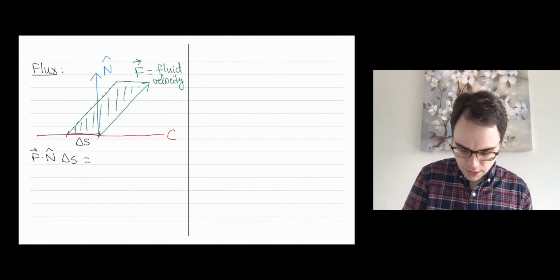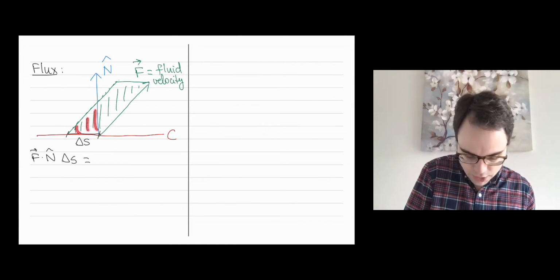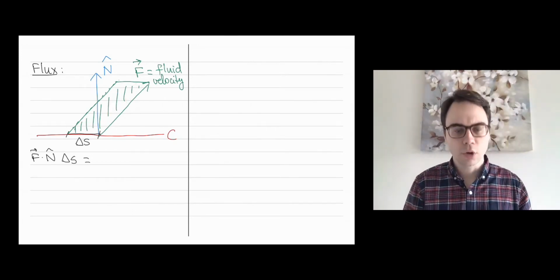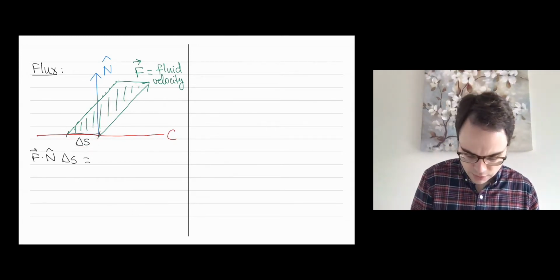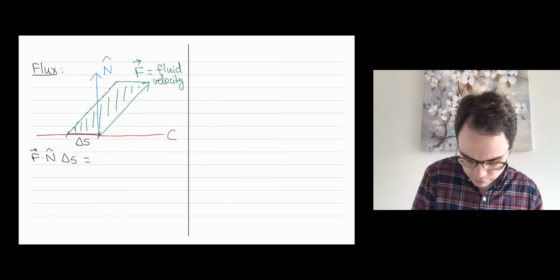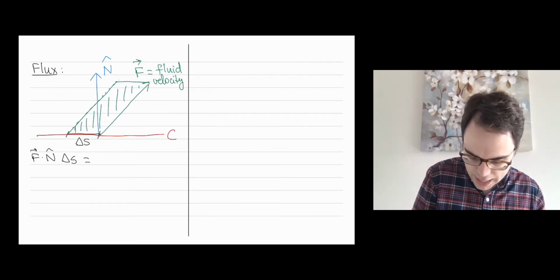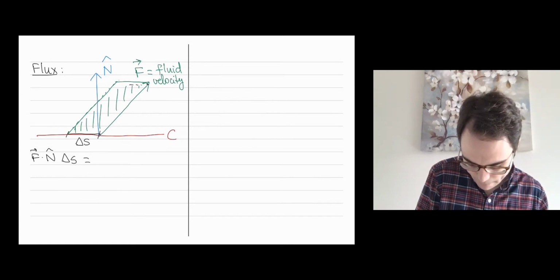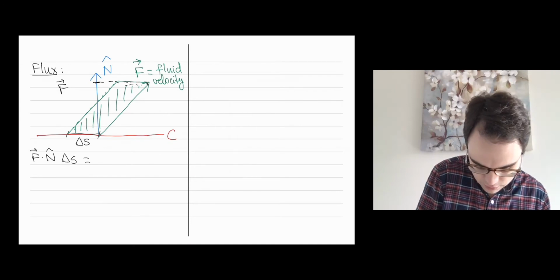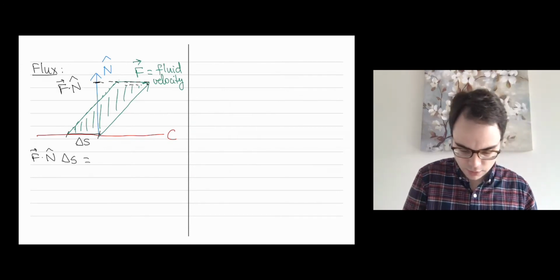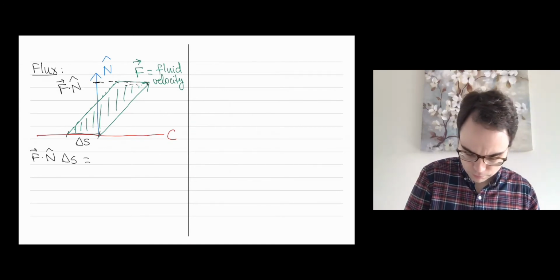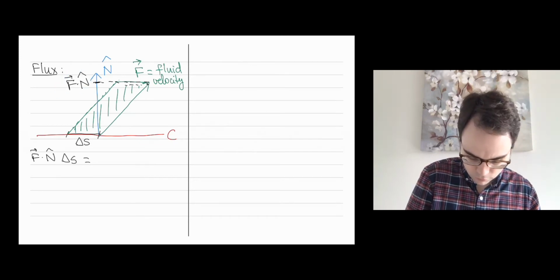But what's the area of fluid that crossed delta s in this unit of time? Well, it's the height times the area of the base. But the height is just F dot the unit normal.